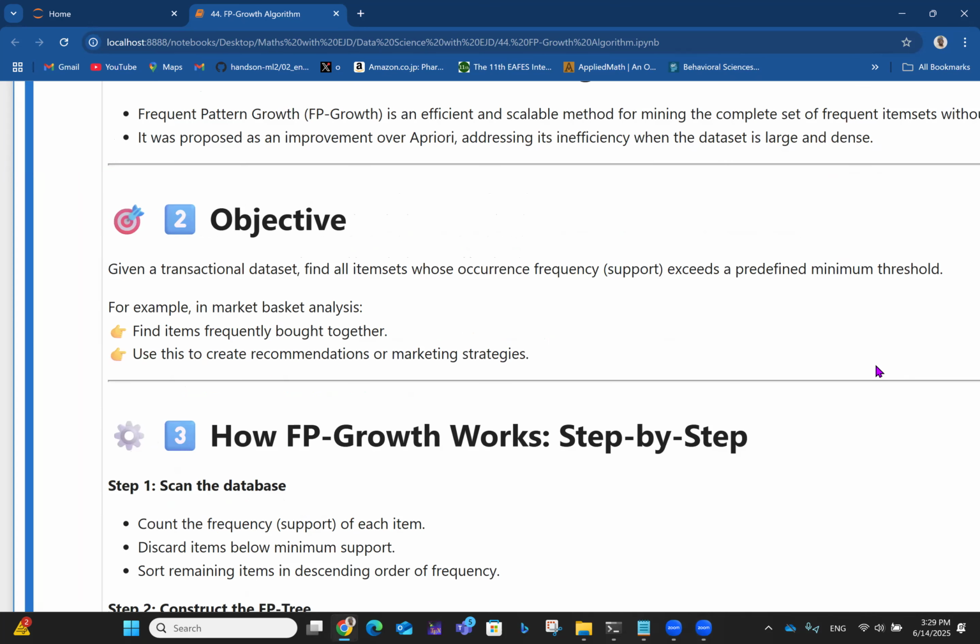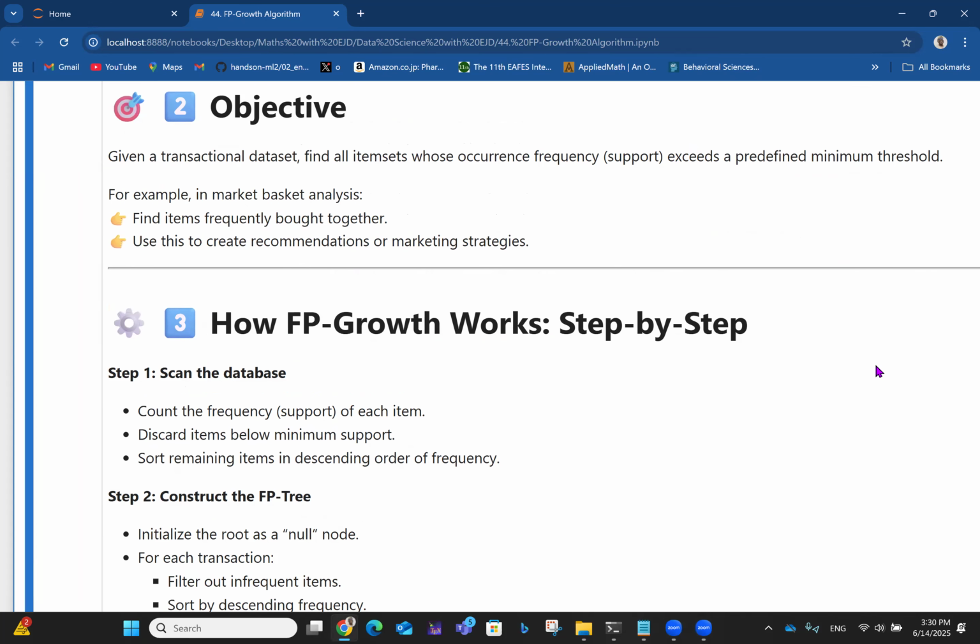And the objective of this is this: given a transactional data set, you want to find all item sets whose frequencies, or support occurrence frequency, exceeds a predefined minimum threshold. So we set the threshold and we just get the result, right? For example, in market basket analysis, you want to find items frequently bought together and you want to use it to create recommendations or marketing strategies.